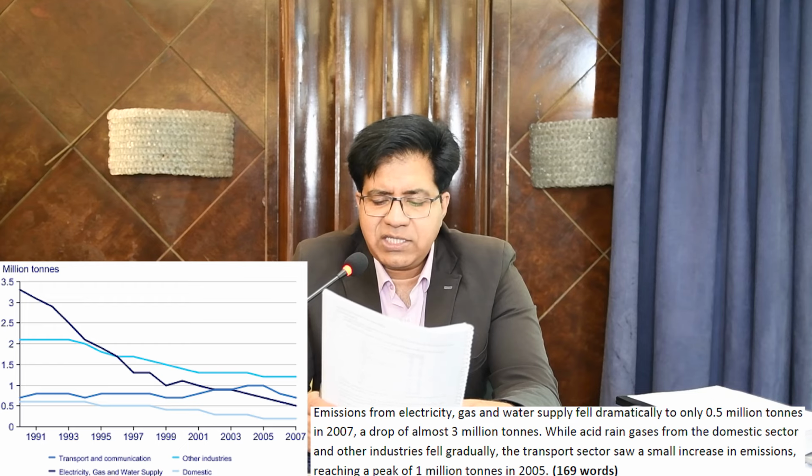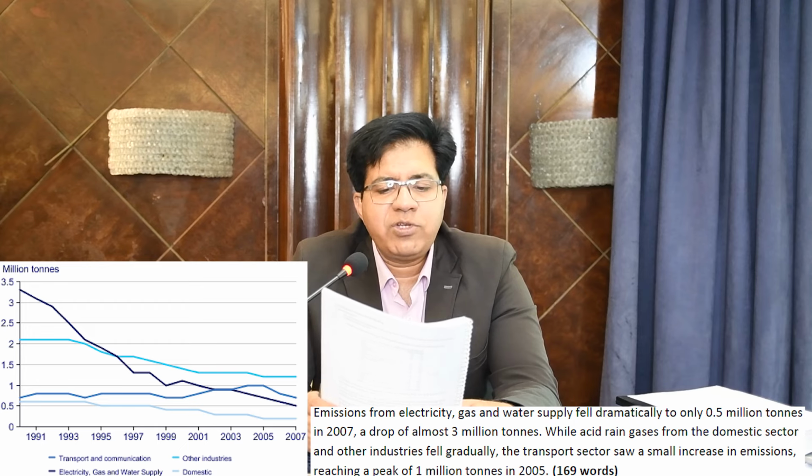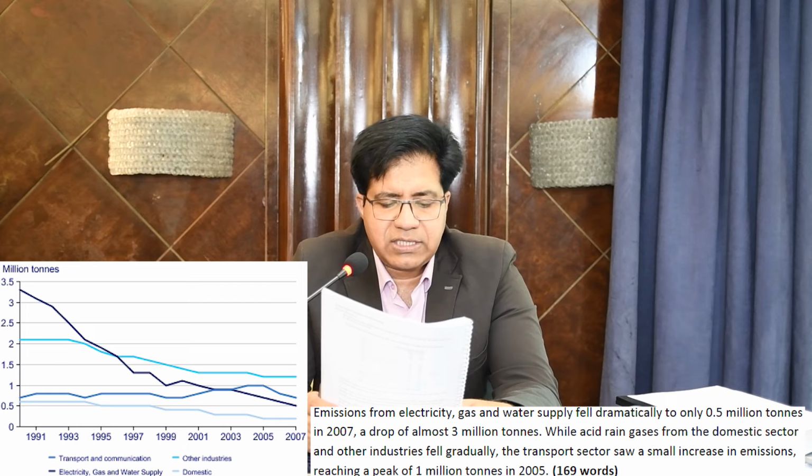The transport sector saw a small increase in emissions. Transport sector is number 2, and you see number 2 is getting a little increase, reaching a peak of 1 million tons in 2005. That's it. Simple and straightforward answer.